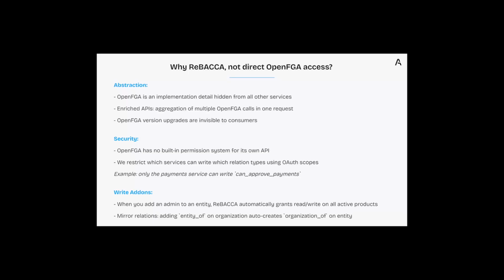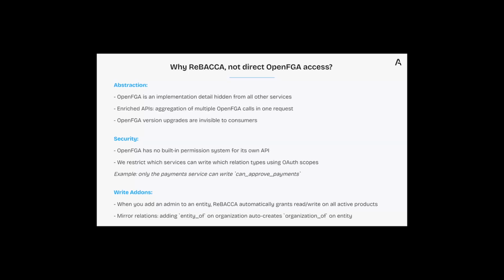Another example, which is maybe simpler, is what we call mirror relations. For example, an entity is in an organization, and an organization has entities. So we have a relation entity-of on an organization, and the reverse relation is organization-of on the entity.